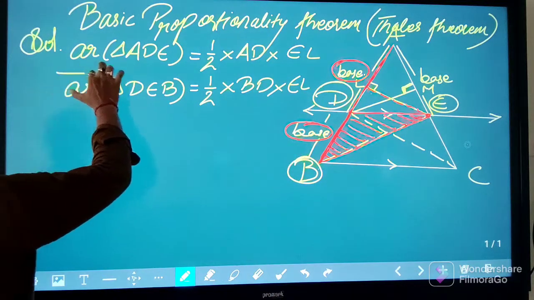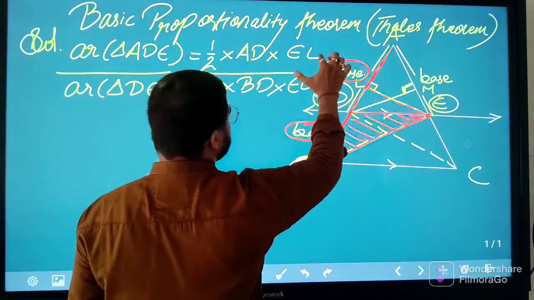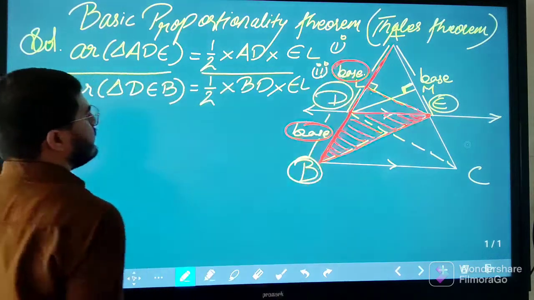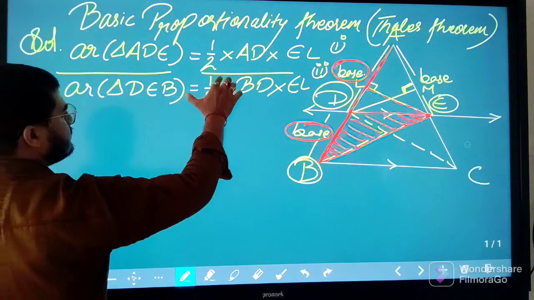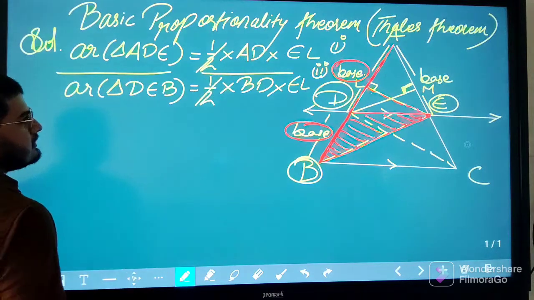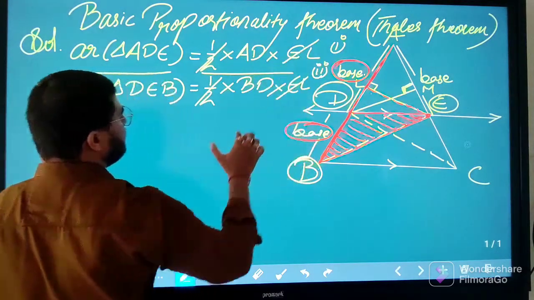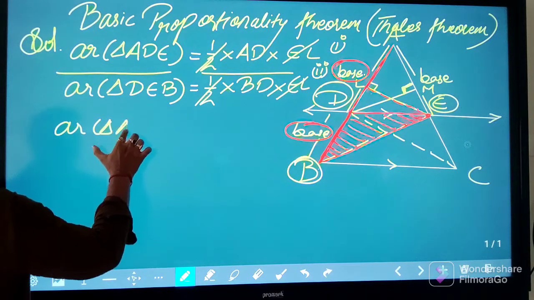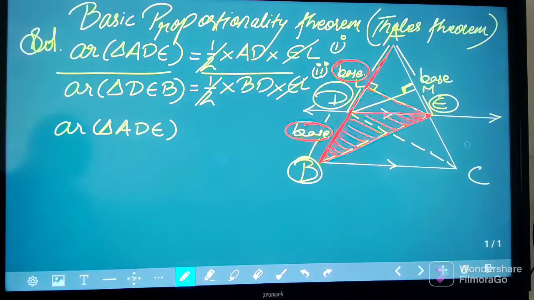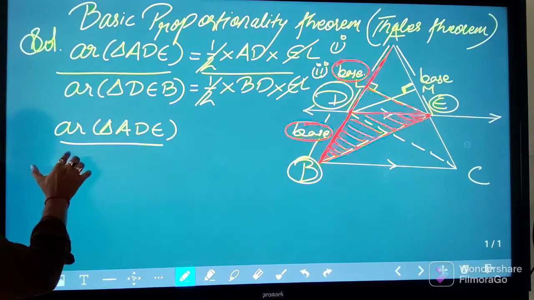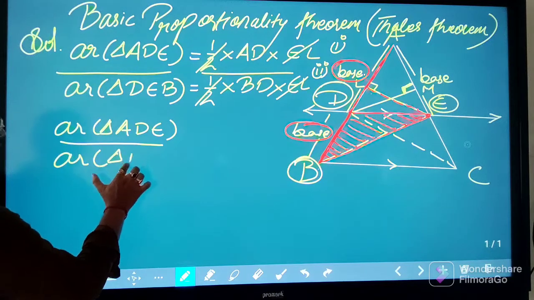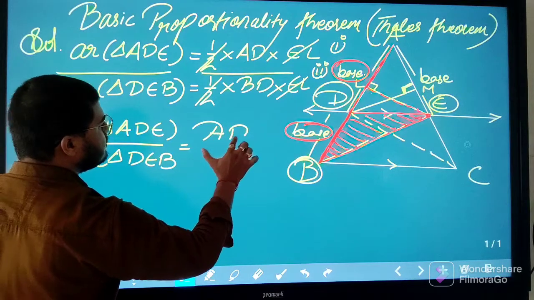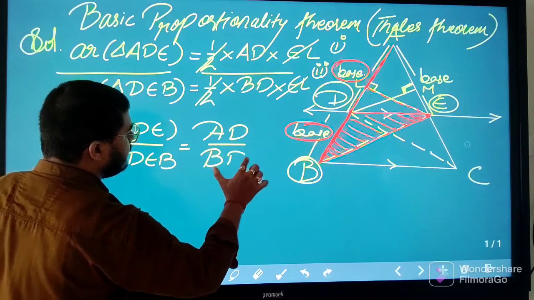Now divide these two equations. Let us name this as equation number first and this as equation number second. Divide them. On dividing, what you will see, half and half will be cancelled, EL will be cancelled with EL. So what we are left with is area of triangle ADE upon area of triangle DEB is equals to AD upon BD.